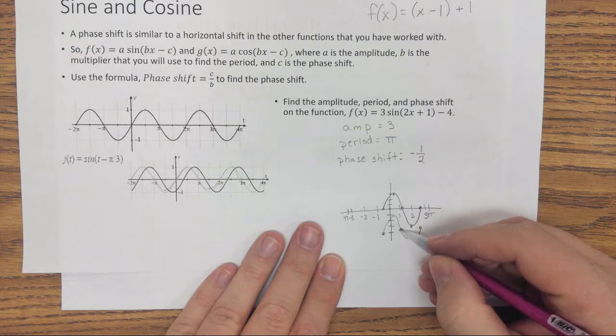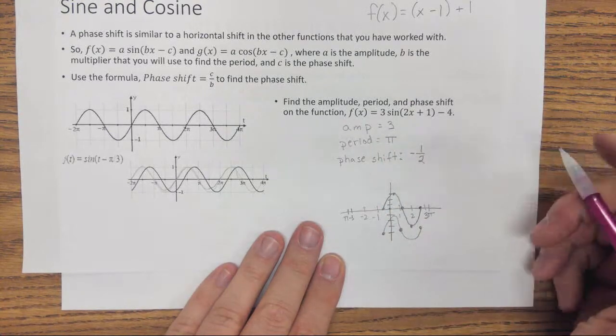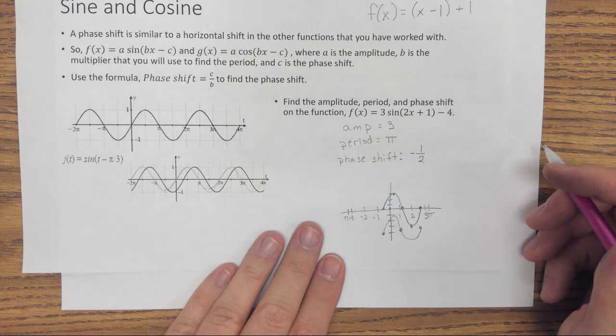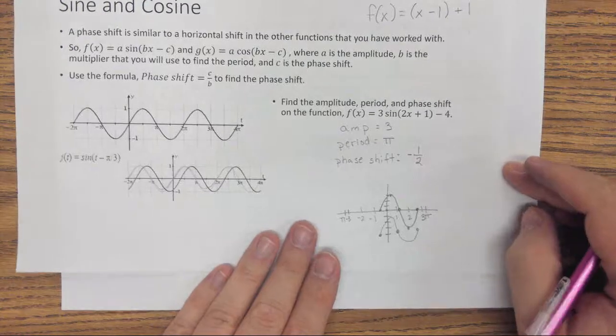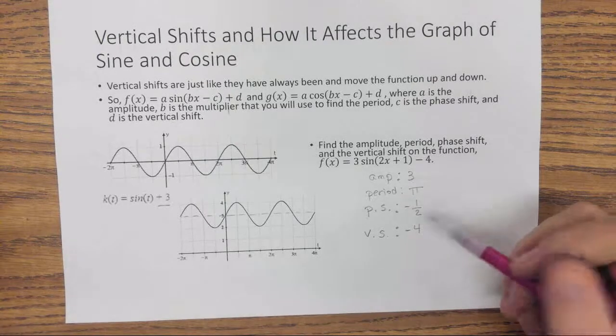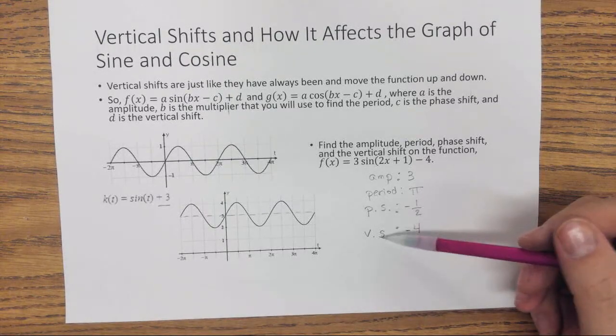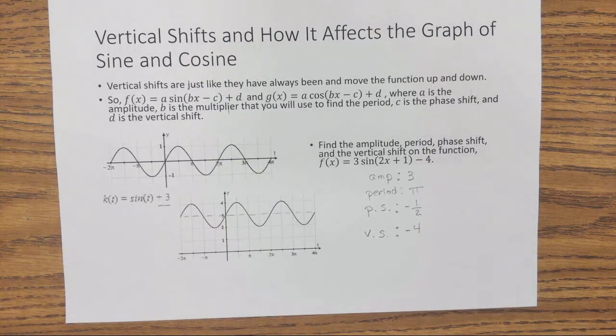Our ending point and our midpoint are all going to be about the same. Okay? So that's all there really is to do in this. We know how to find the amplitude, the period, the phase shift, and the vertical shift. You find all that stuff, you could sketch any one of these sine or cosine functions.